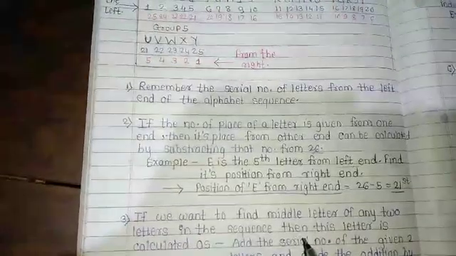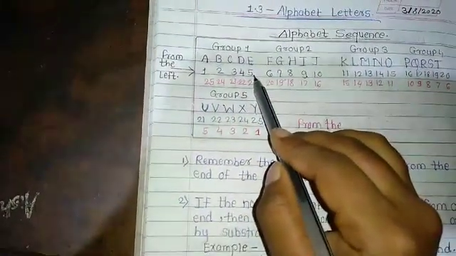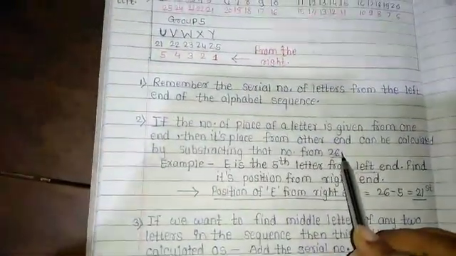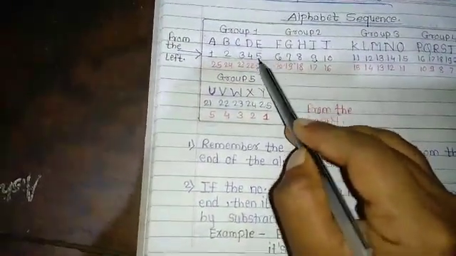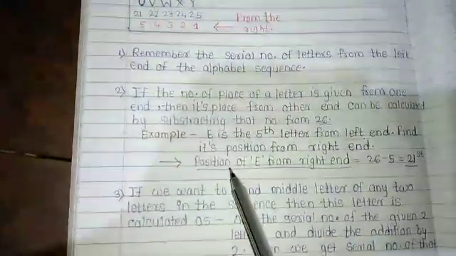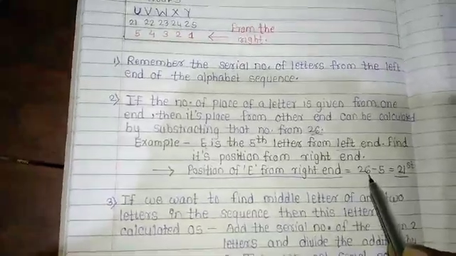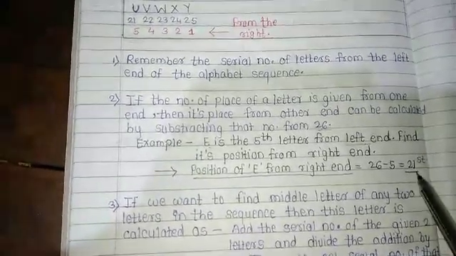So look at E, which is at fifth place from the left end. According to this rule, we subtract this serial number of E from 26. So we get the position of E from the right end: 26 minus 5. Answer is 21.